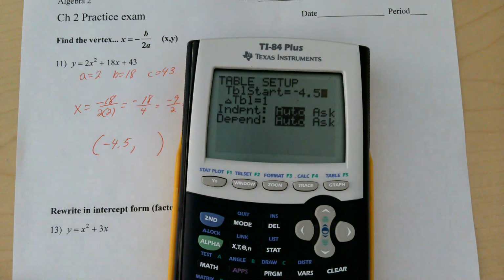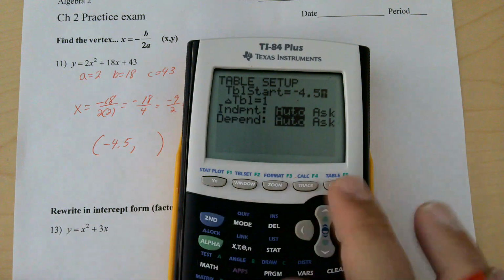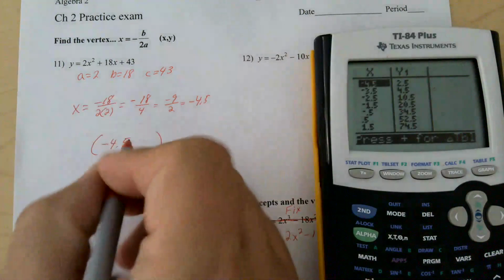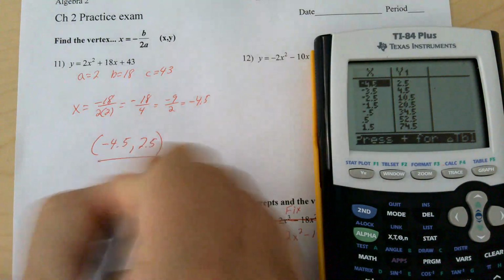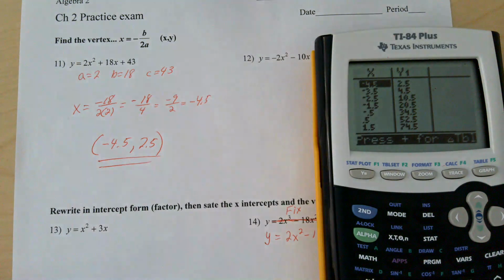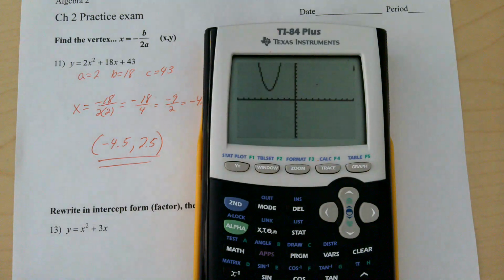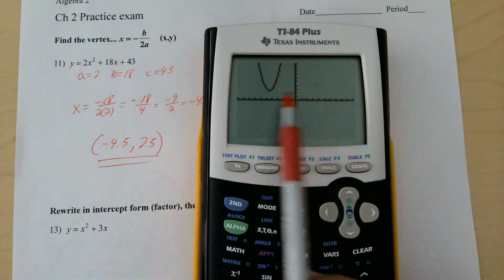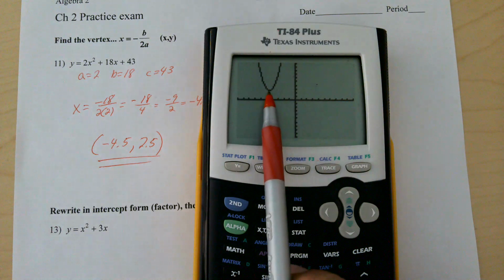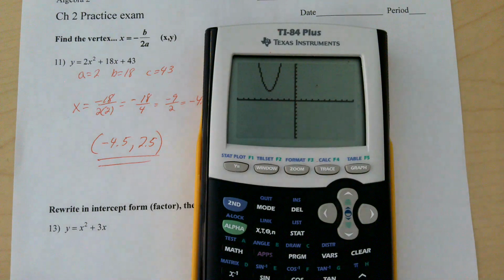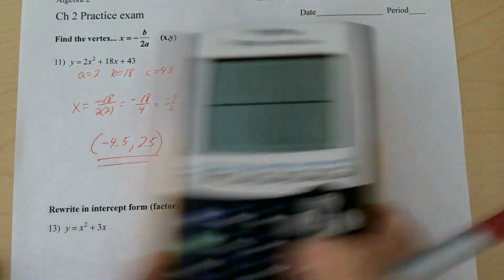As soon as I go back to my table, I know that the y value becomes 2.5. And there's your vertex. Okay, so you can confirm it by the graph. So if I hit graph, I can see that this value, I can somewhat see it's at -4.5 and then up, and I can zoom in, it's up 2.5. Okay, but that is, in this case, the minimum.